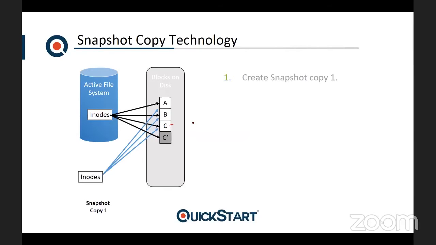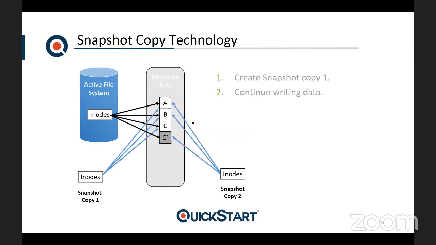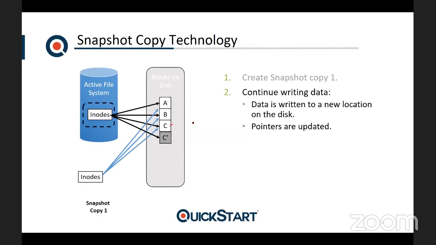So the only thing that it can do is create a new data block with the new version of whatever that information is. So at this point in time, the production instance, or active file system, will no longer be pointing to that C block.